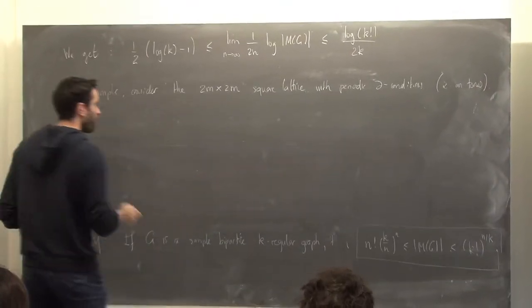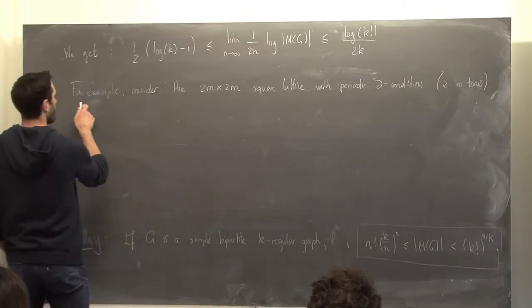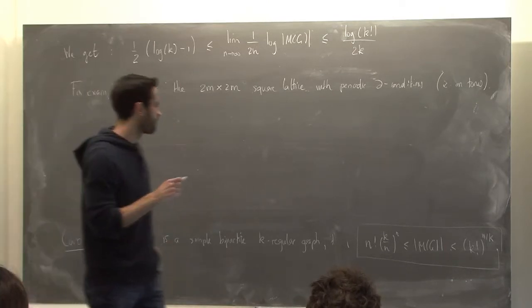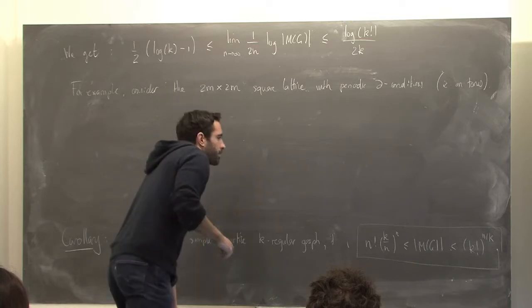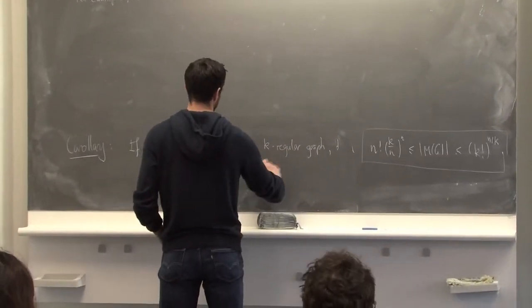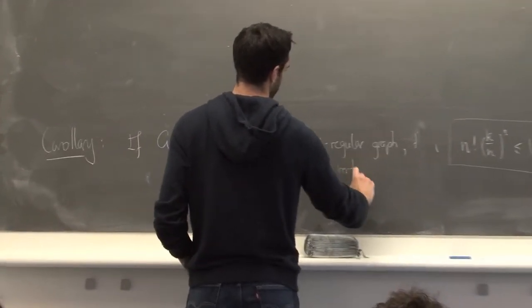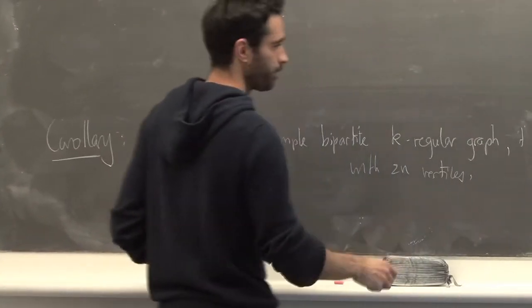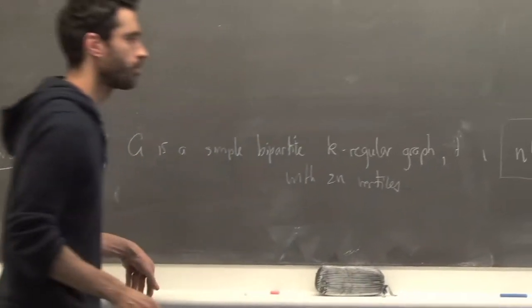Now let's look at this limit. I'm sorry, here it's a k-regular graph with 2n vertices.